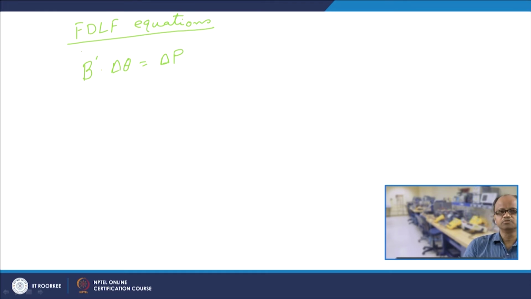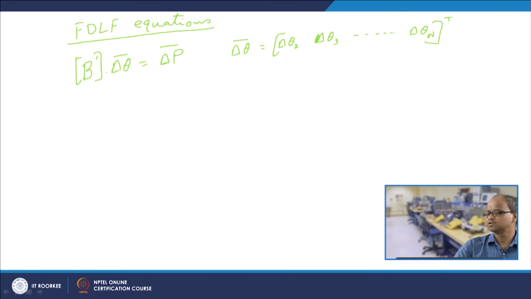B dash is a matrix, we already know that this is a constant matrix. Now, what is delta theta vector? Delta theta vector is a vector, and B dash is a matrix. So, delta theta vector is delta theta 2, delta theta 3, dot dot dot, delta theta n transpose, and delta P vector is delta P2, delta P3, delta Pn transpose.